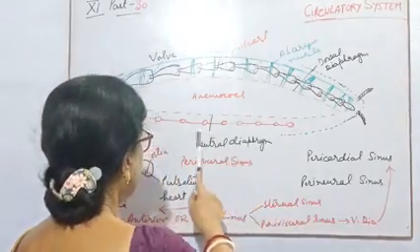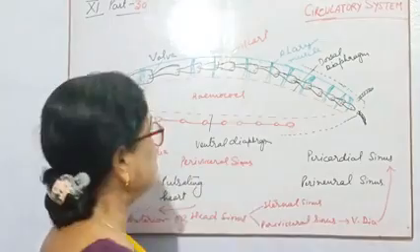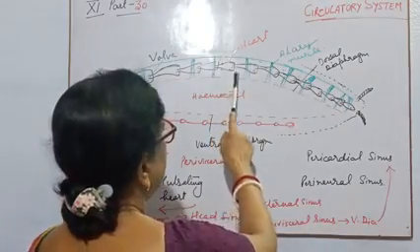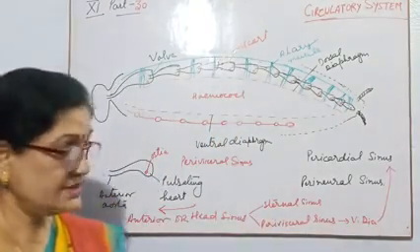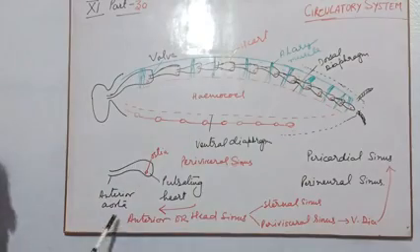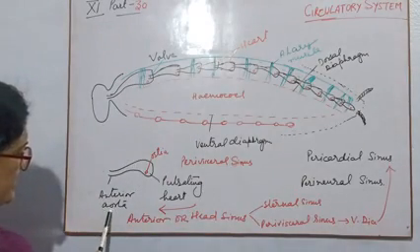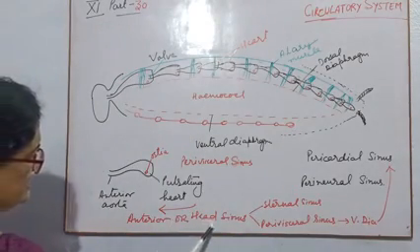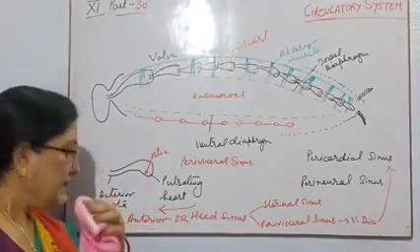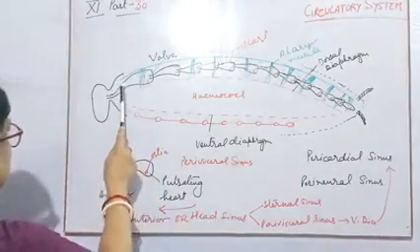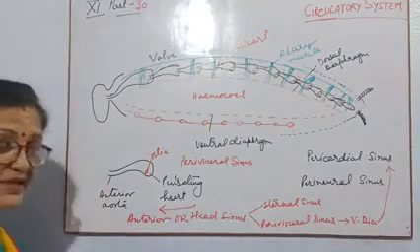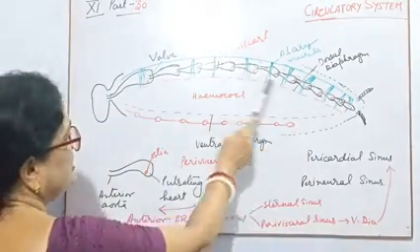This area is filled with fluid, and this is the pericardial sinus because there is the heart. So the anterior part or anterior aorta is also known as the head sinus. Head sinus means this anterior aorta will go to the head.